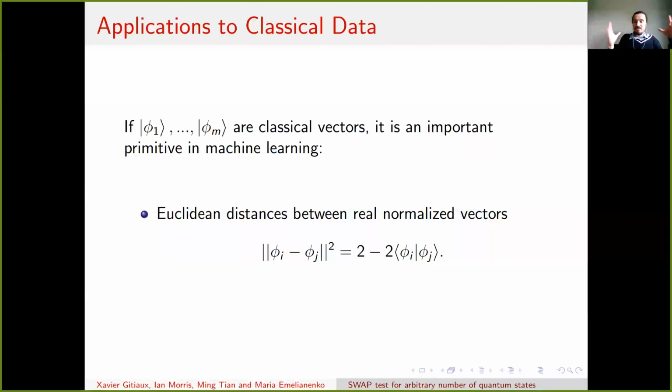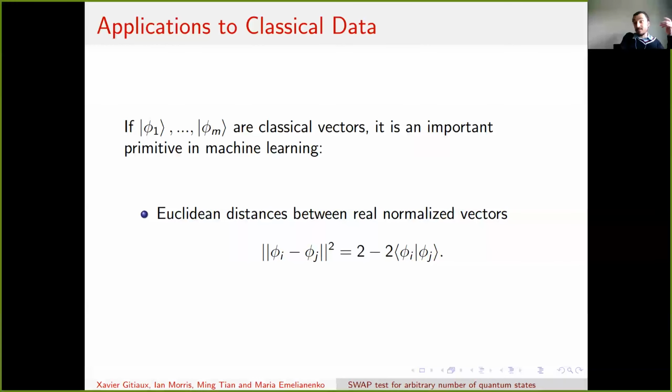Maybe machine learning is a lot about computing these overlaps. You could note, with very simple math, that if all the vectors are real, in classical vectors, the difference in distance relates to the inner product between phi i and phi j.